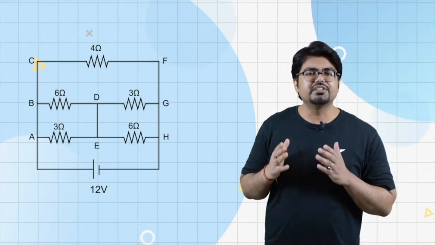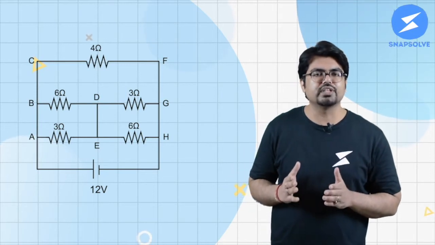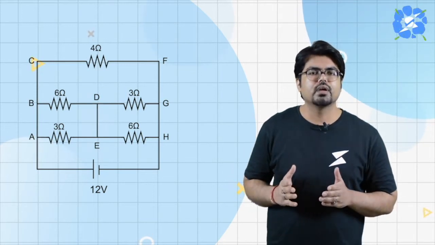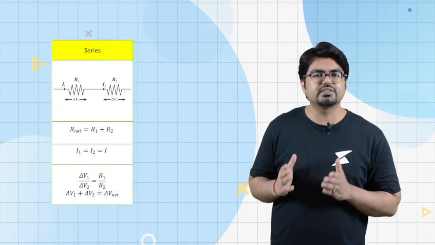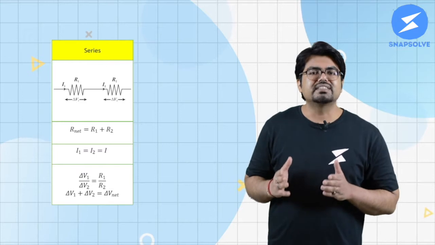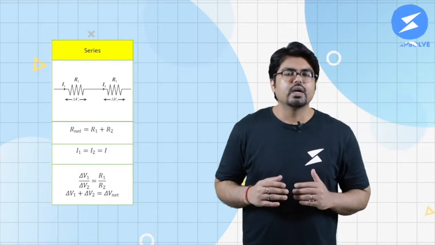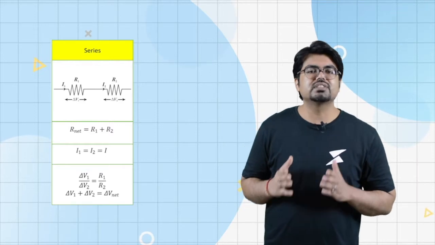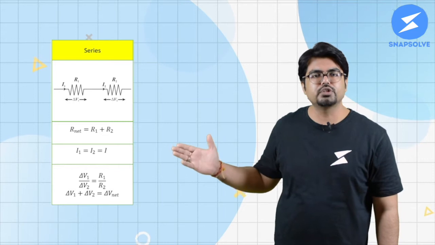But before going deeper into that, let's quickly revise series and parallel combinations of resistors. As you may remember, 2 or more resistors are said to be in series if the same stream of current flows through each one of them. In series, the net resistance is given by R net equals R1 plus R2.